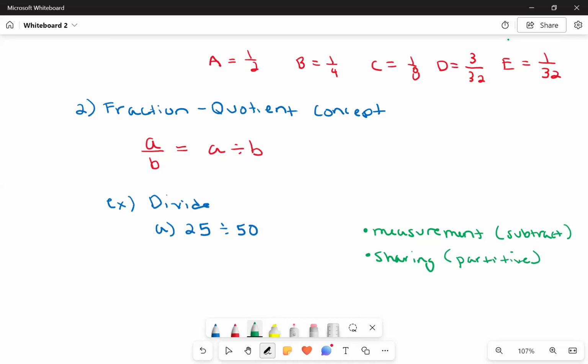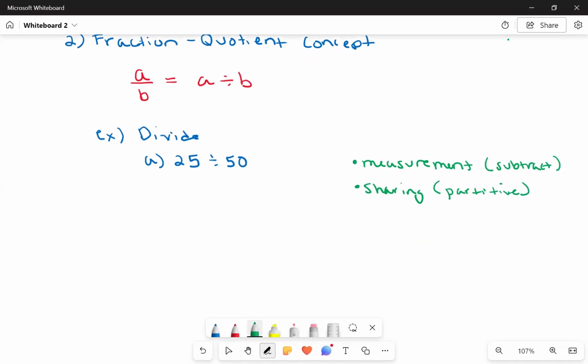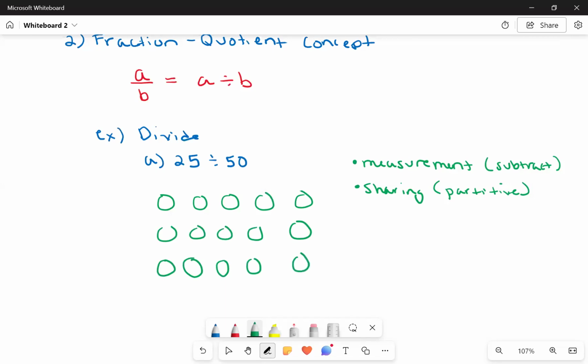So in this case, it would be difficult to think of taking 25 and subtracting repeatedly. That doesn't make sense. But it does make more sense to think of how you could divide 25 up into 50 pieces. So if you have 25 things, I'm going to do a terrible drawing here: 25 little circles, and one more.